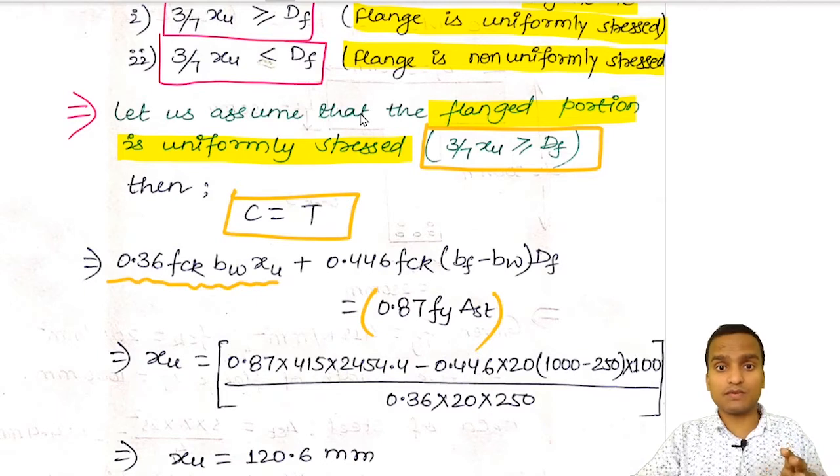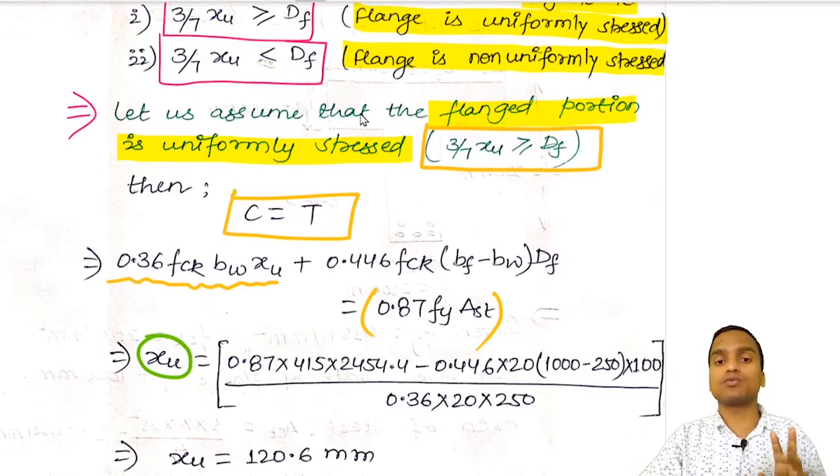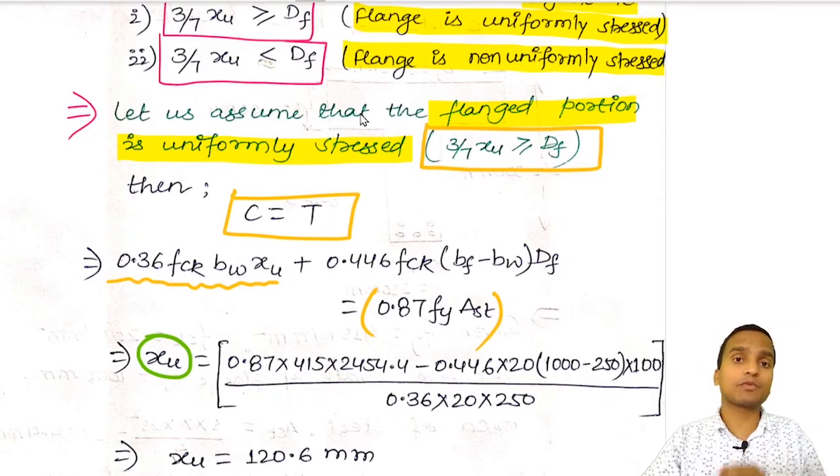So this stress value is multiplied with the area of flange, and area of flange is bf minus bw multiplied by the depth of flange. Okay, so from this we can very easily calculate the depth of neutral axis xu, because only xu is unknown in this equation, rest all the data have been provided.